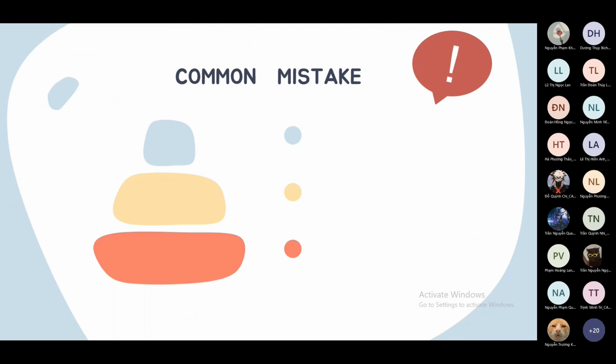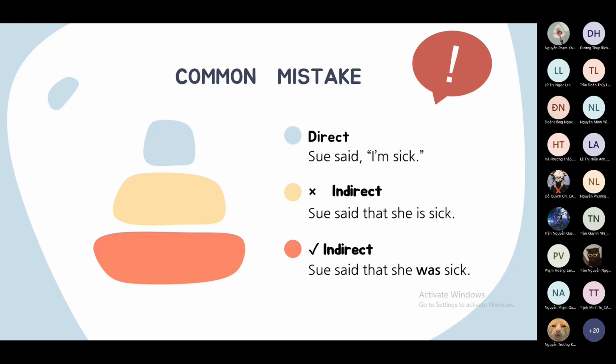There are some common mistakes when we change direct speech into indirect speech. A very common mistake is that we sometimes don't remember to use backshift or change the people, place or times in the sentence.